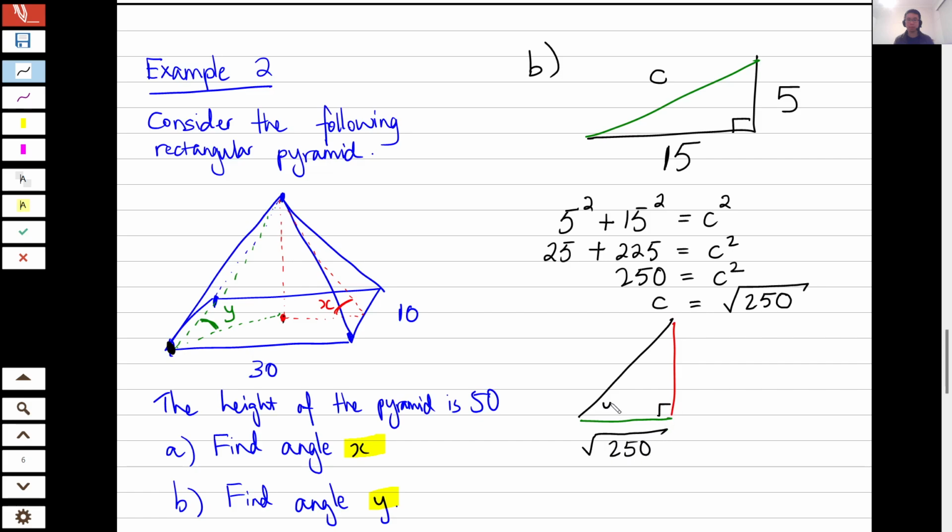So now I've got y here and a height of 50. Okay. Again, opposite, adjacent.